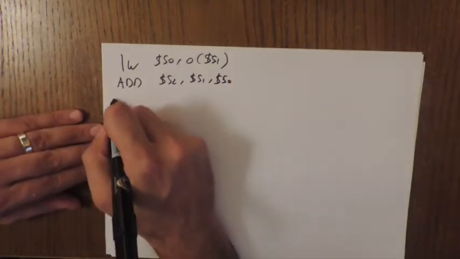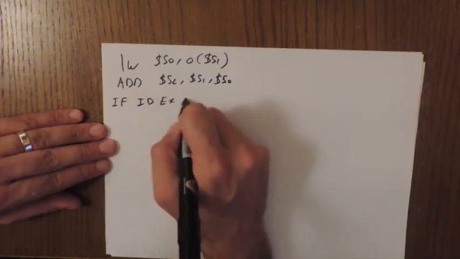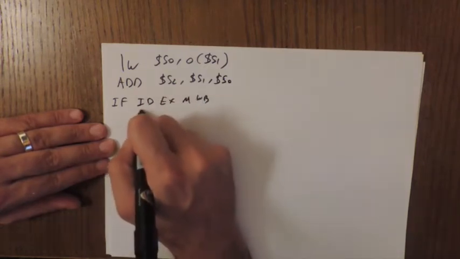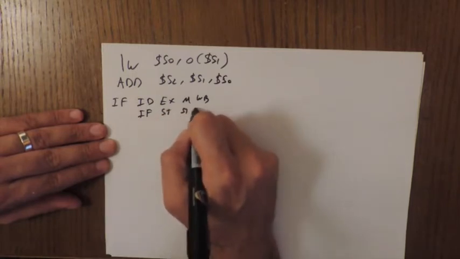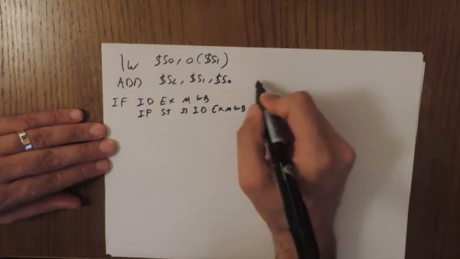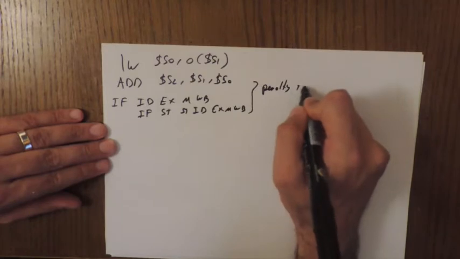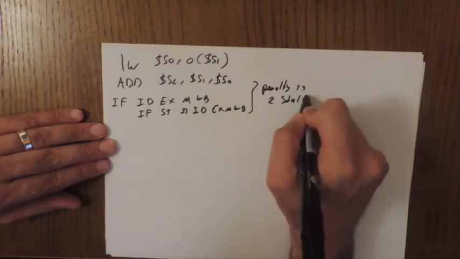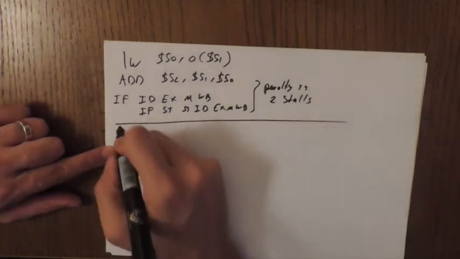Initially, of course, we used to do IF ID EX memory write back, then stall, ID EX memory write back. Of course, the penalty is 2 stalls. So now let's see if forwarding helps.